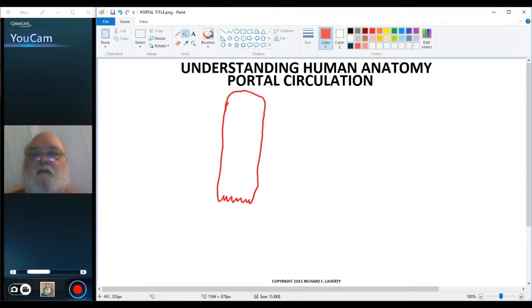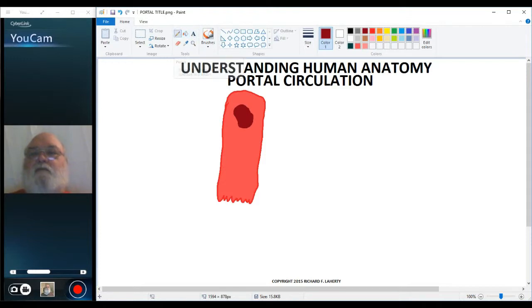And let me fill it in like so. And I'm going to draw in the celiac trunk right here. And remember, this is a very short vessel. It's going to divide into 3 other major arteries.